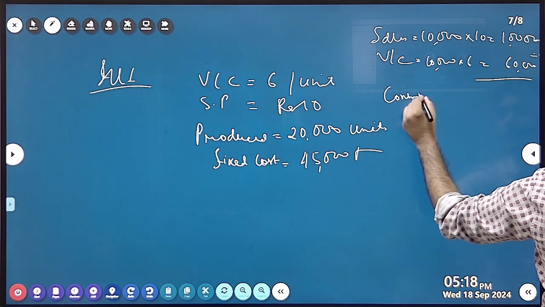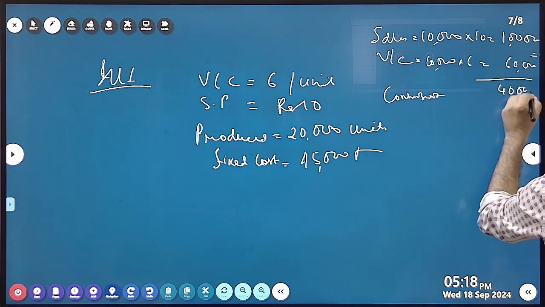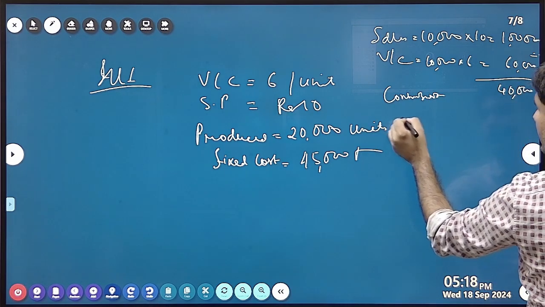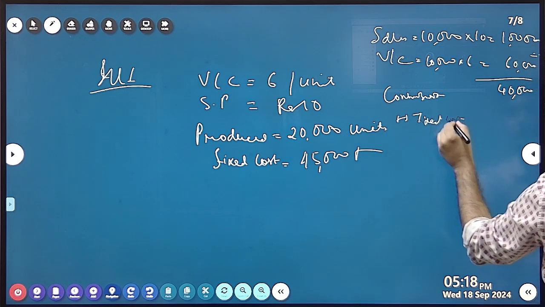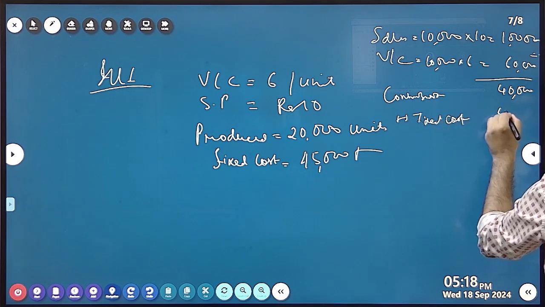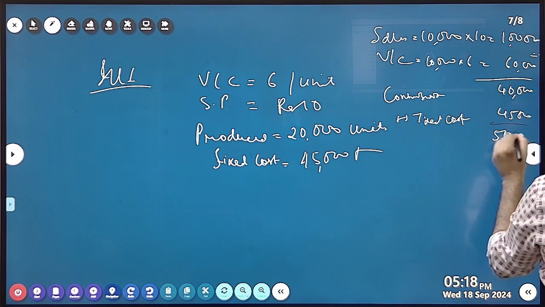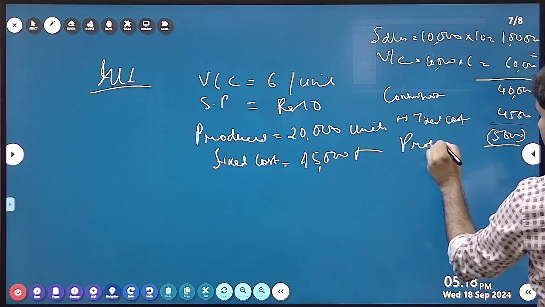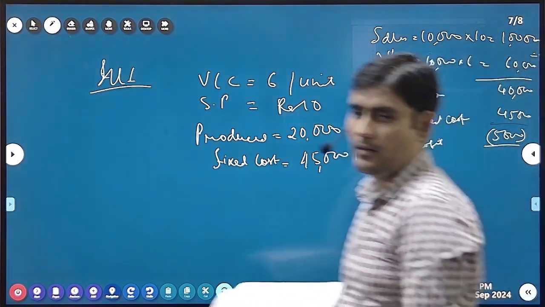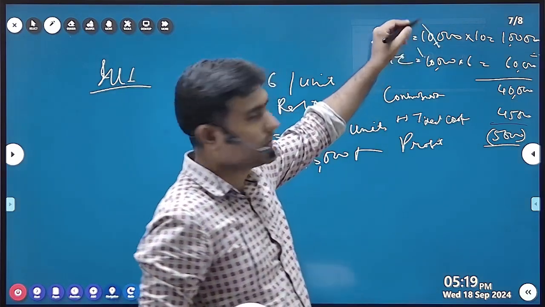So your contribution is how much? 40,000. Then less fixed cost, 45,000. So your profit is negative. Simple. Similarly, you can find out for 15,000 and 20,000 units in the same manner.